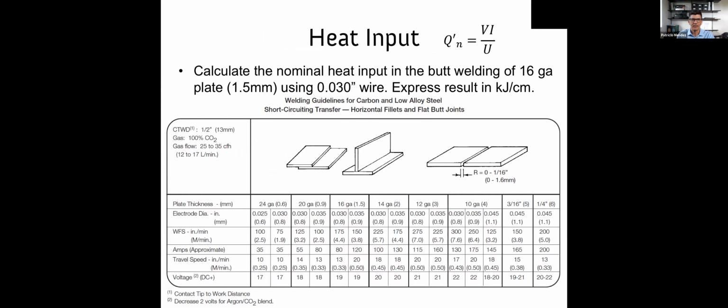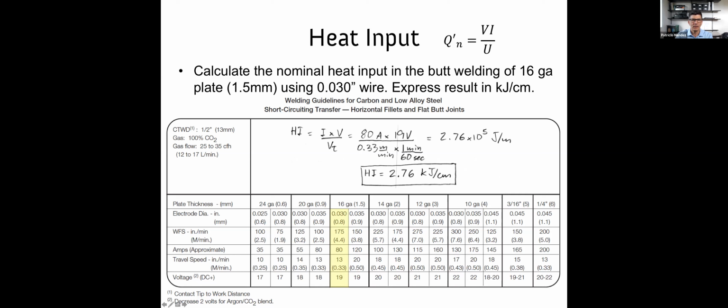You can calculate the heat input: you look at the current, you look at the voltage, and you divide by travel velocity. I mentioned everything is in metric. So here one of the tricks is that they are reporting the travel velocity in meters per minute, but we need to have it in meters per second. So this is a common mistake.